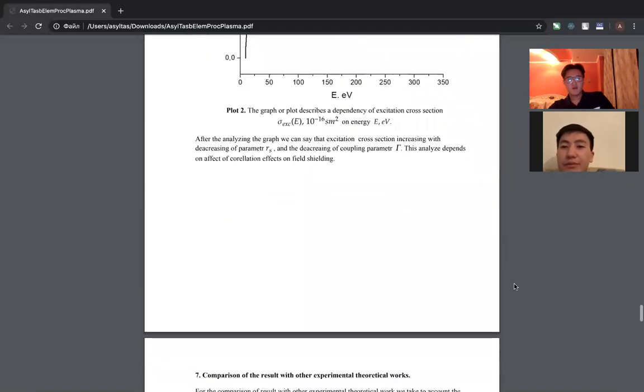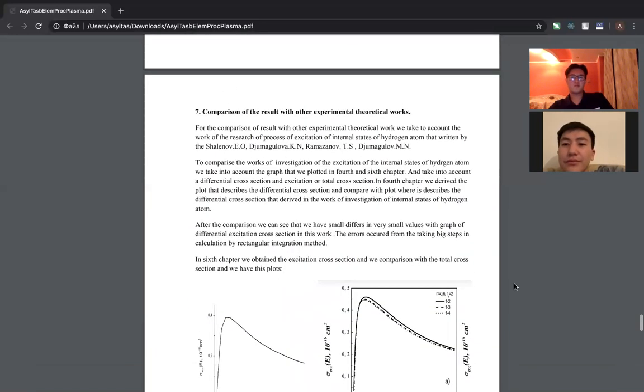Okay. Thank you, Madyiar. And my last topic is a comparison of the results with other experimental and theoretical work. For the comparison, we take into account the research on the process of excitation of the internal state of the hydrogen atom written by Shalenov, Zhumagulova, Ramazanov and Zhumagulov.